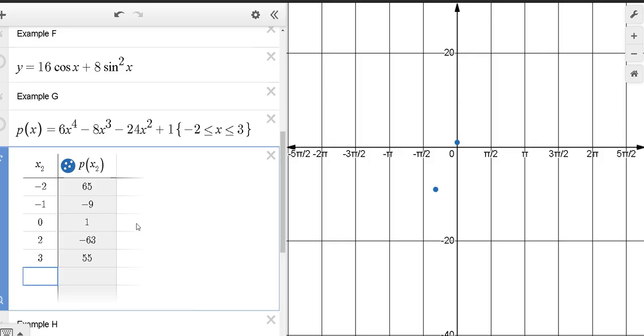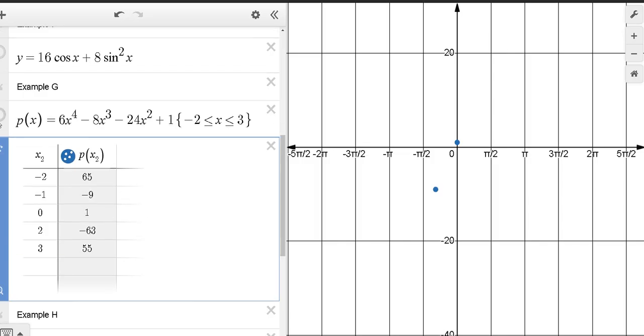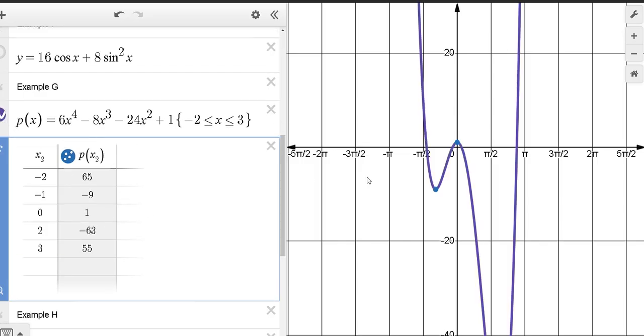We get 65, -9, 1, -63, and 55. So the function changes pretty wildly between 2 and 3, right? You go from -63 to positive 55 in quite a short breath. So let's actually graph this now and see if that makes sense compared to everything else.